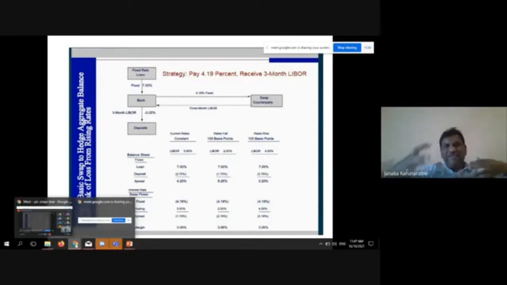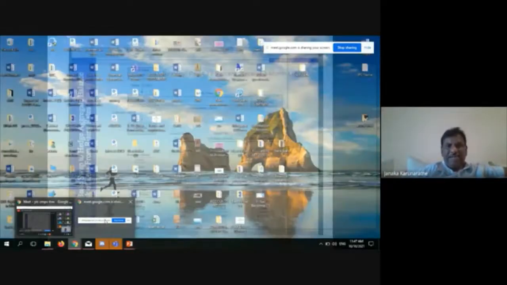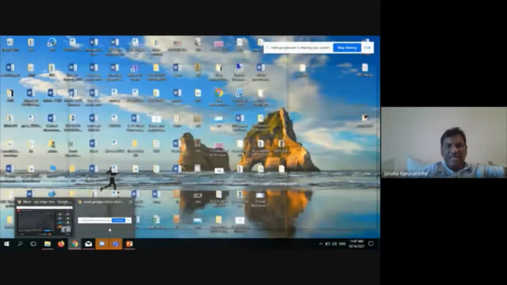But if you don't understand this basic thing, I don't think any of you can do a swap arrangement. This is very basic, your bank's basic thing. You are in a current scenario, this is the scenario and this is going to be the impact. So you have to understand the problem and find the solution. At least one person can tell something.